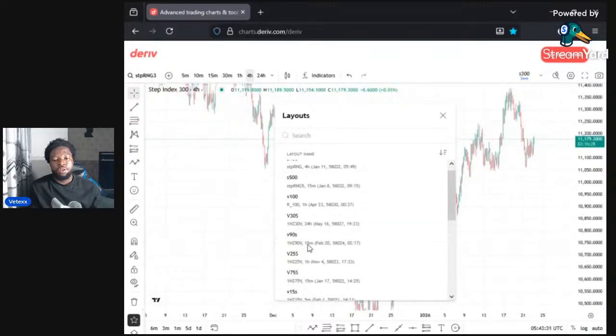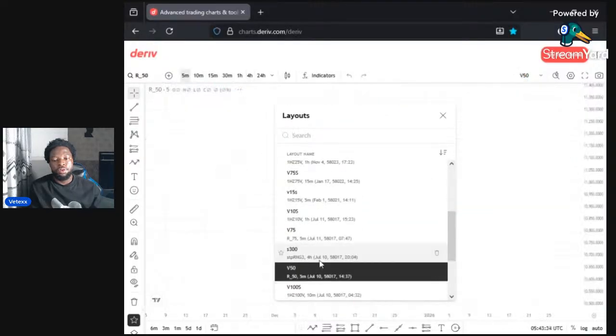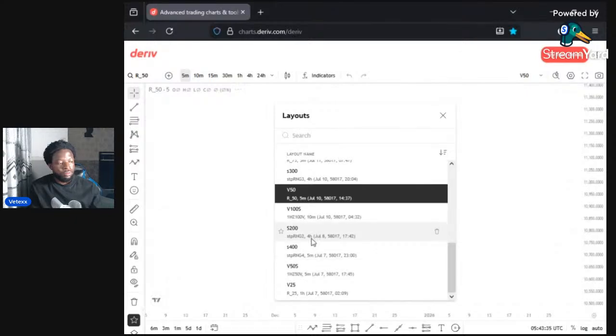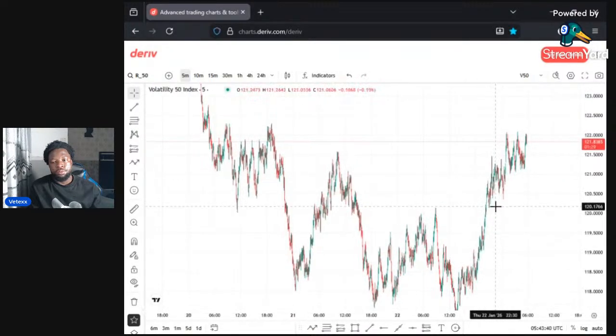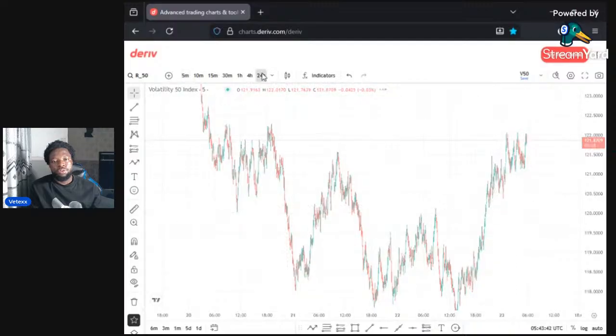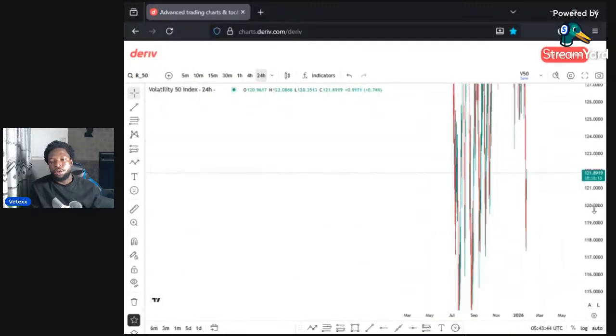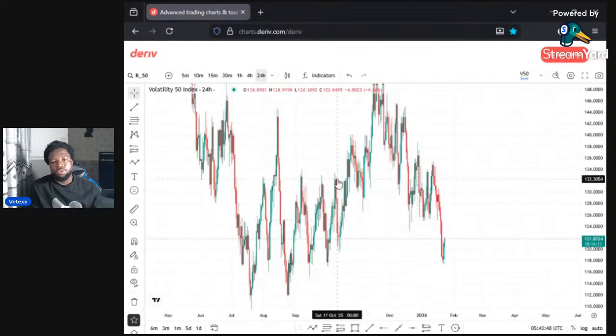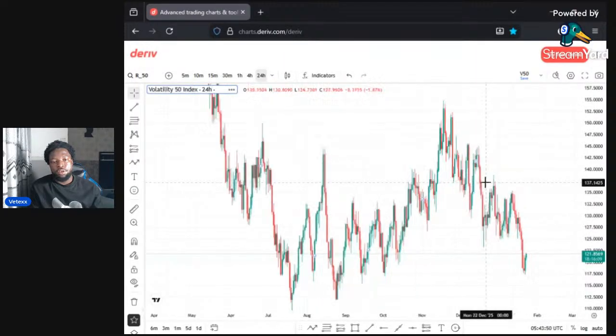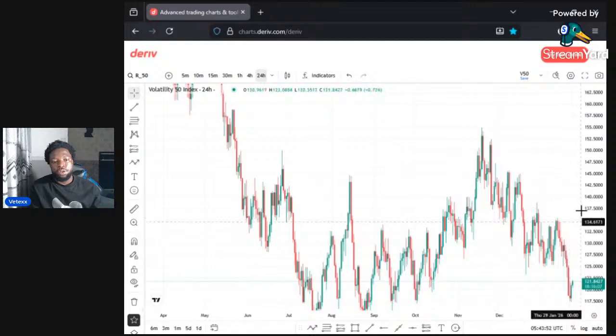So let's move on to the next pair, which is Volatility 50 index. Let's check out V50 and see what it has for us. Starting on the 24-hour time frame, V50 is bearish. It has given us our structure on the 24-hour time frame. It tells us where it's coming from and where it's going to.